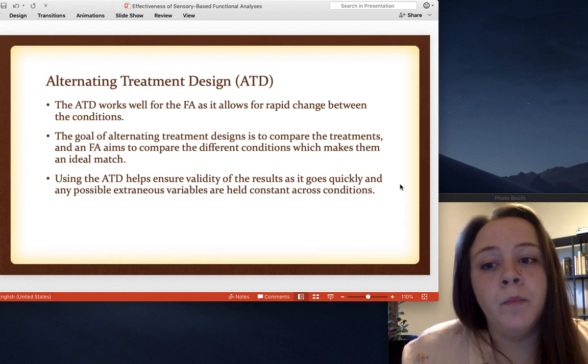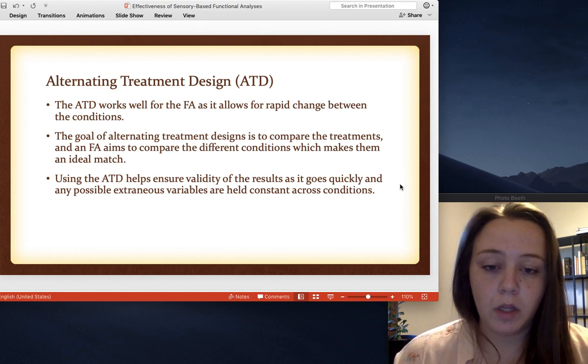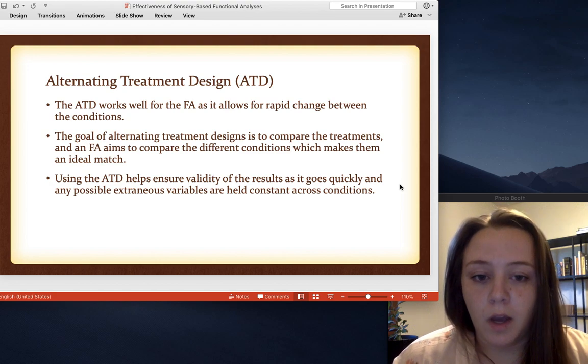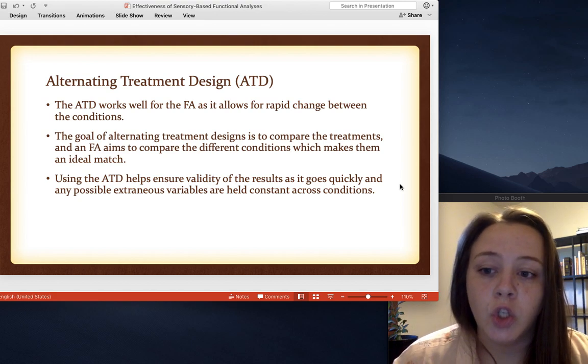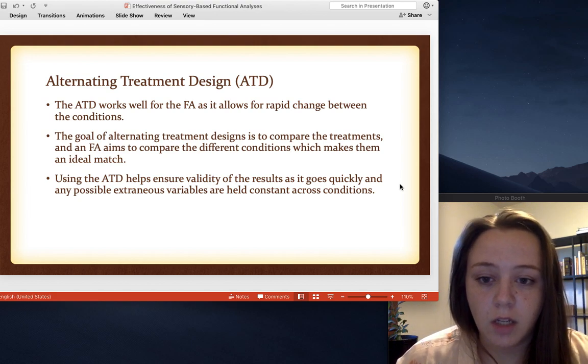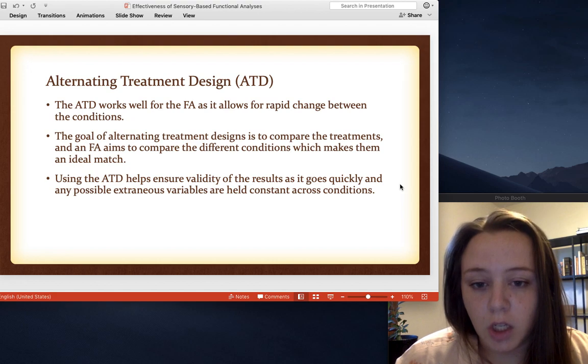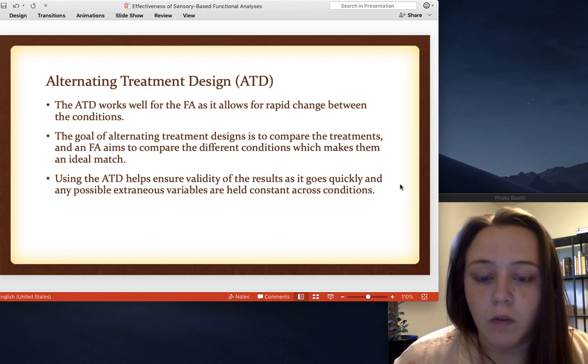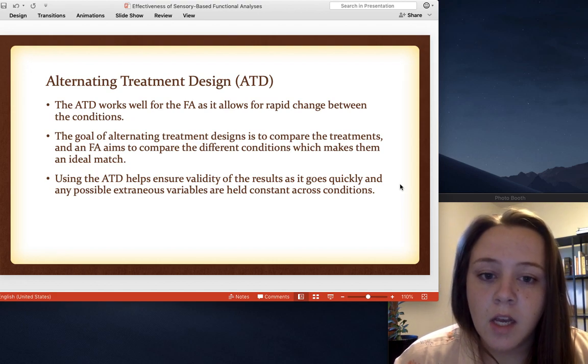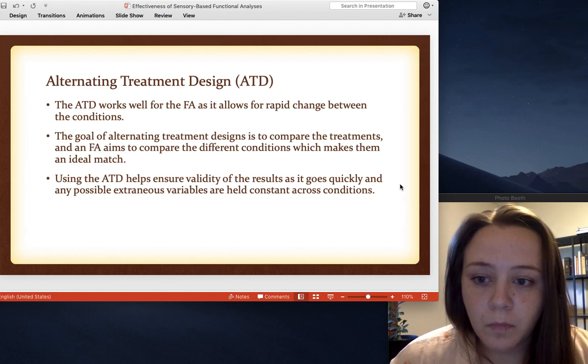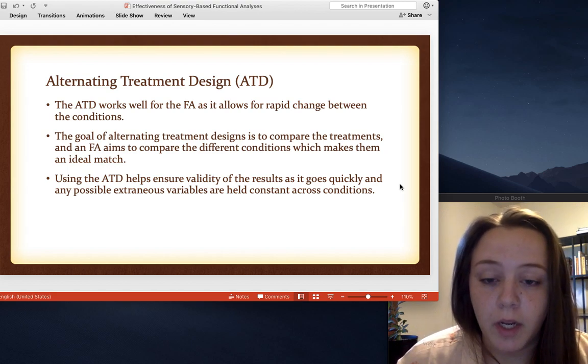And then alternating treatment designs is also typically used to compare the different phases, and that's exactly what an FA is intending to do. We're comparing the responding or the rates of the self-injury across those different conditions to see which condition is providing the reinforcement for that, and we would then make a determination on the function.